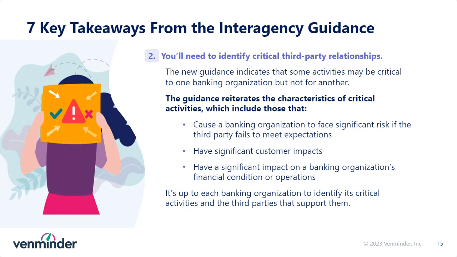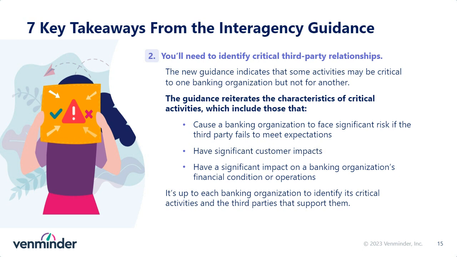We also need to identify critical third-party relationships. Again, not a new requirement, but the guidance is really emphasizing and reiterating what the characteristics of critical activities are, i.e. our critical vendors, the ones performing them, include those that could cause your organization to have significant risk if that third party fails to meet expectations.